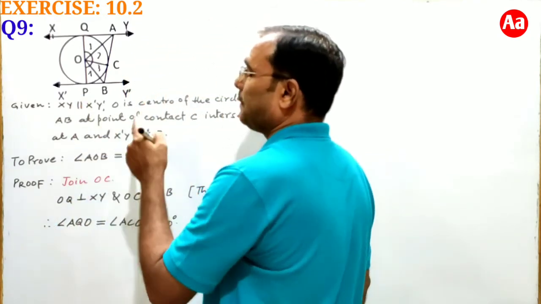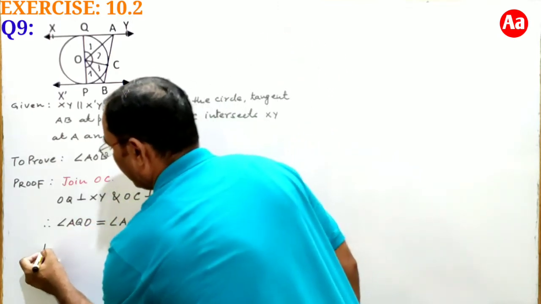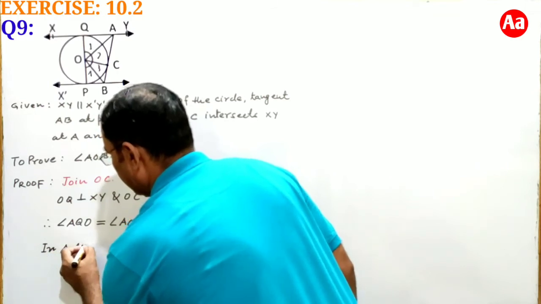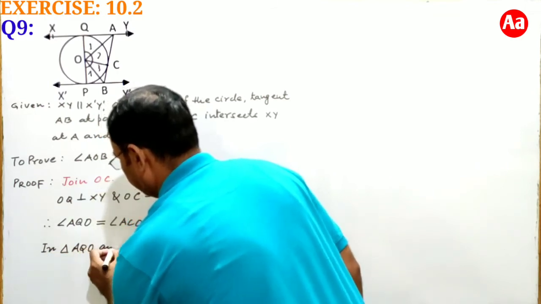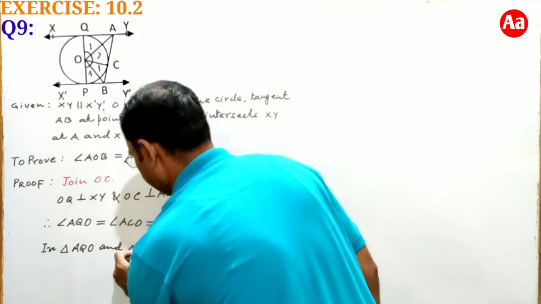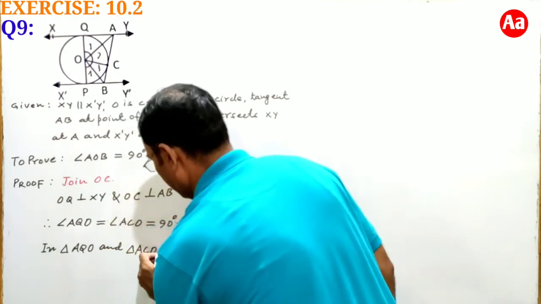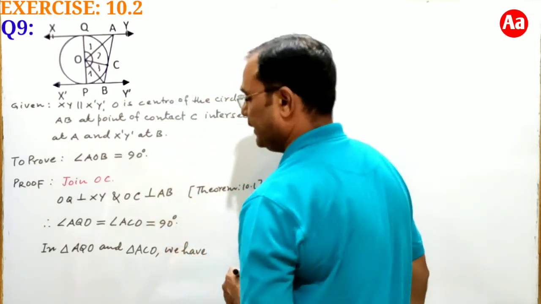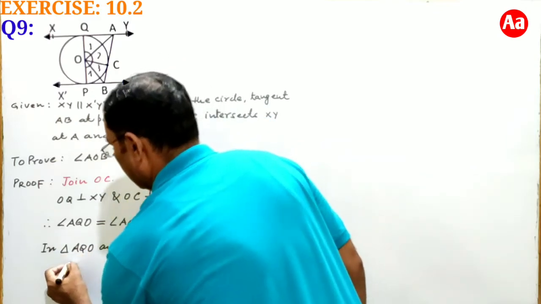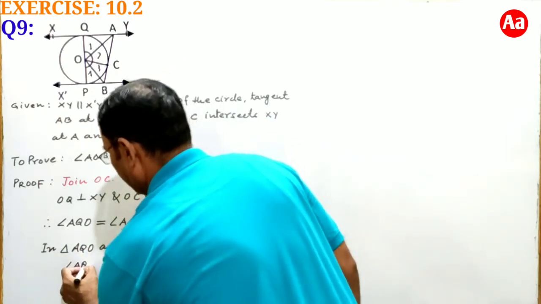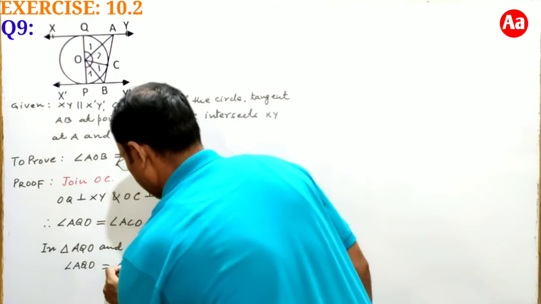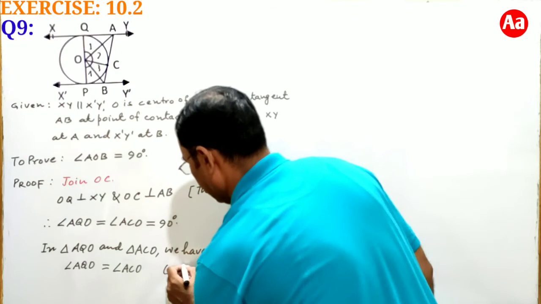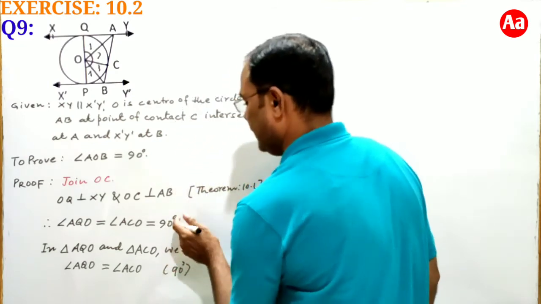In triangle AQO and triangle ACO, we have angle AQO equal to angle ACO, 90 degree each, as we have mentioned here.